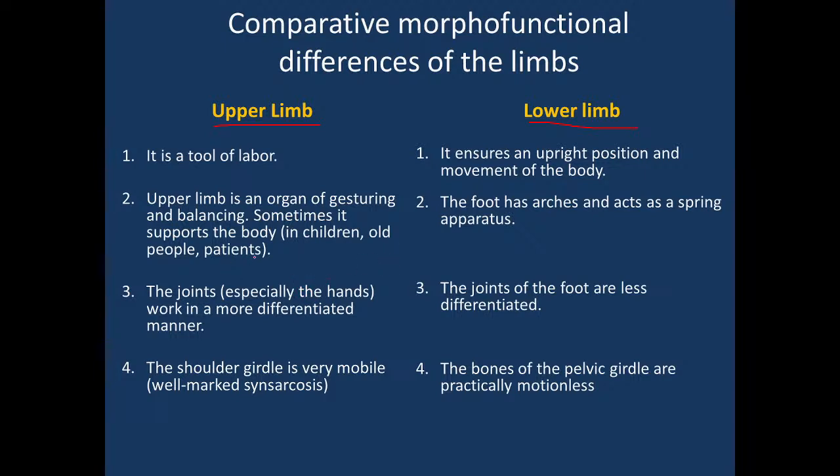They use special devices for upper limb for walking and even for sitting, but the foot, the part of the lower limb, has mechanisms as arches, and they act as a spring apparatus.